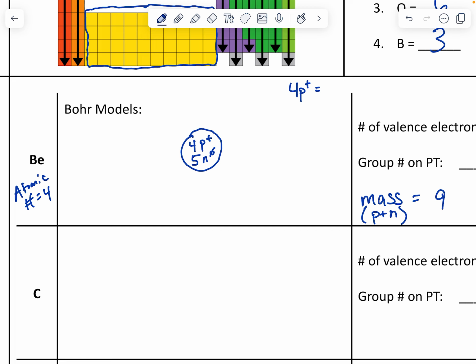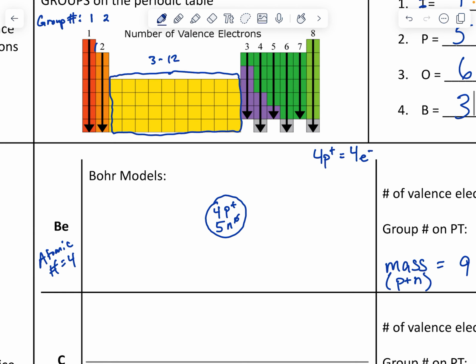And now we need to know where to put the electrons. It's not enough to know that since this is a neutral atom, we will have 4 total electrons to balance out those positives, but we need to know where they are. So beryllium is actually in this second row. It's this one right here.